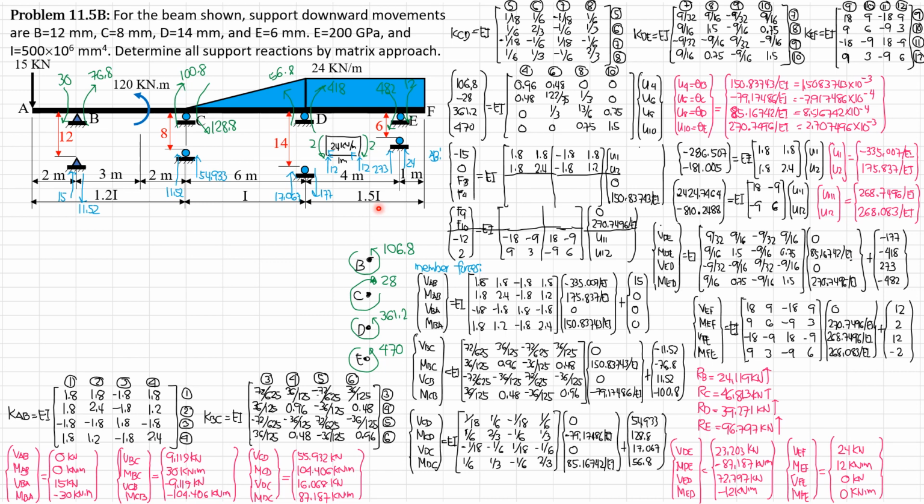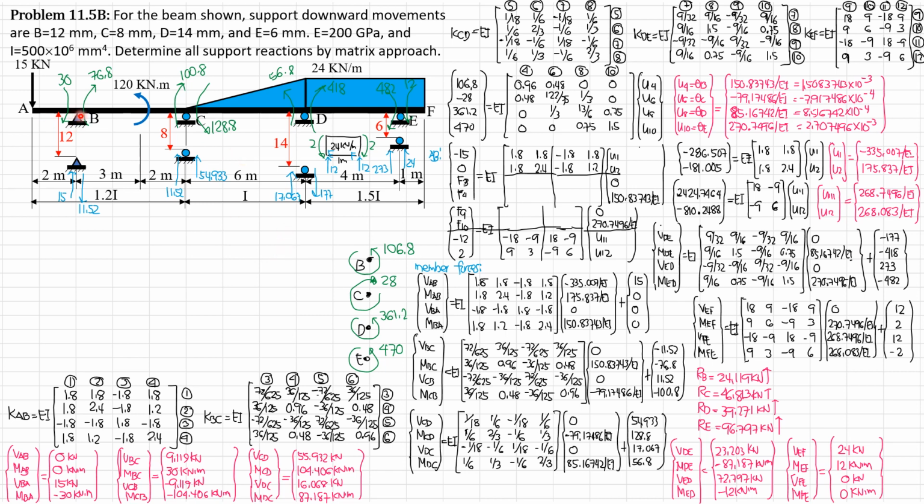Because this is matrix approach, there are four unknowns here, namely theta B, theta C, theta D, and theta E, so that we can use your portable calculator in solving for the important things, so that we can analyze this problem.